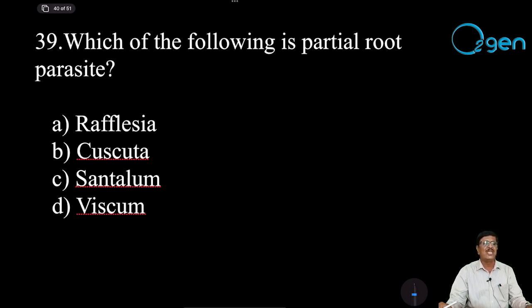Partial parasite means it depends only for the water. Rafflesia is a plant that produces the largest flower. Cuscuta is a total parasite. Santalum album, the sandalwood plant, is a partial root parasite that is unable to absorb the water. Its roots are connected to the roots of neighbor plants, and there it gets the water. Hence, the correct option is C, Santalum.